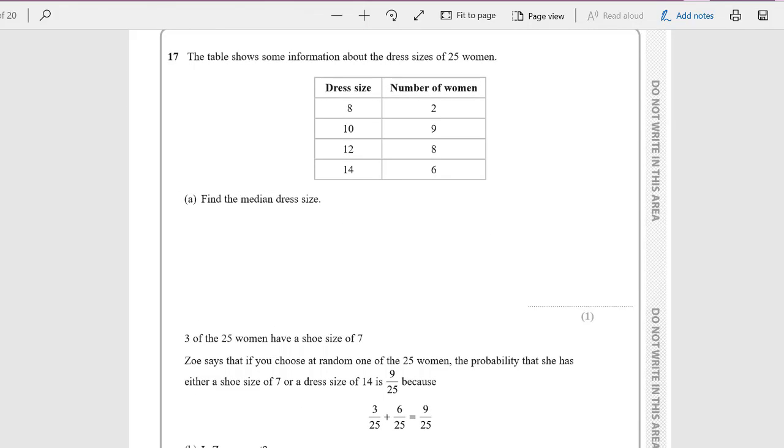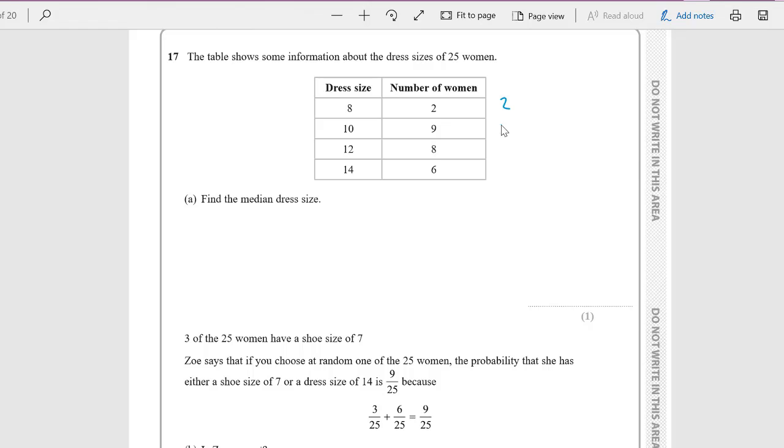Number 17. It says the table shows some information about the dress sizes of 25 women. Dress sizes and the frequency, so the number of women. Find the median dress size. So we can say, how many does this add up to? 2, 10, 19, 25. So there's 25.